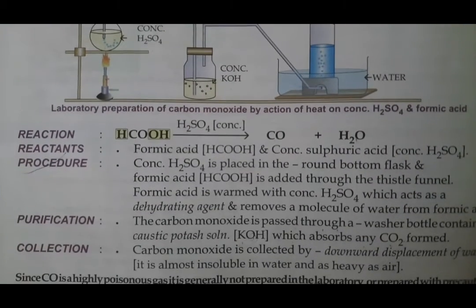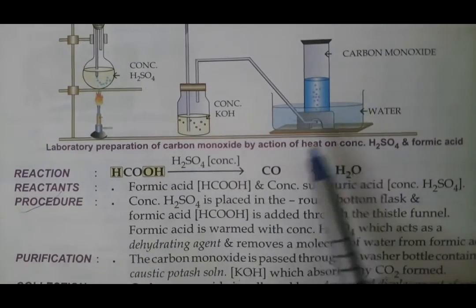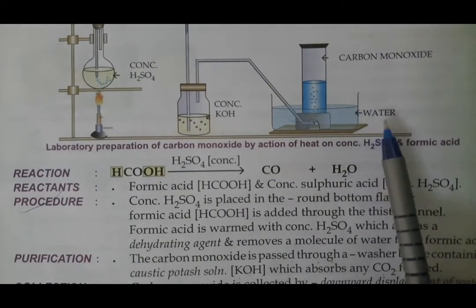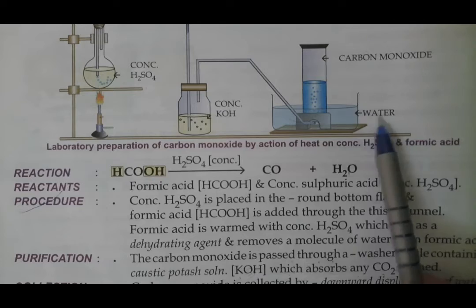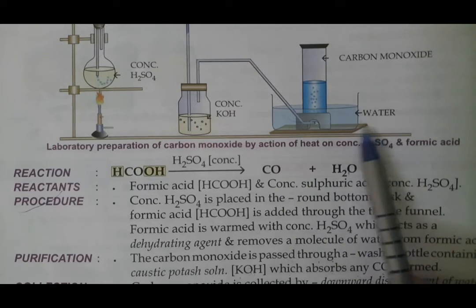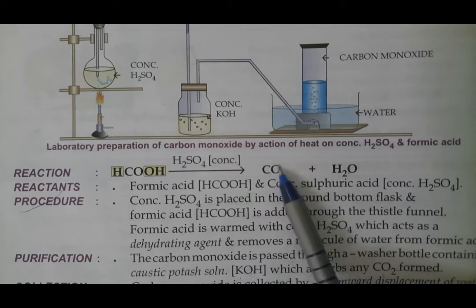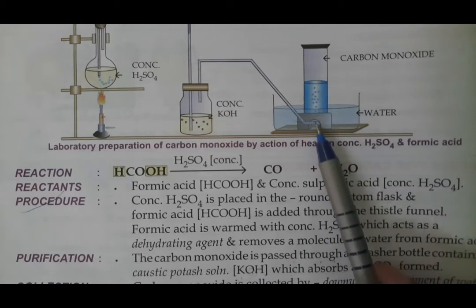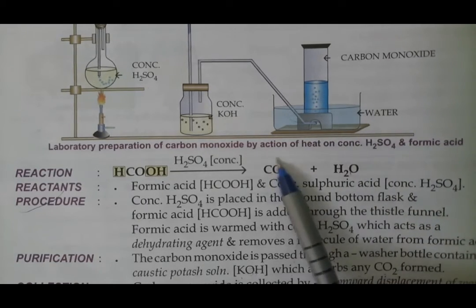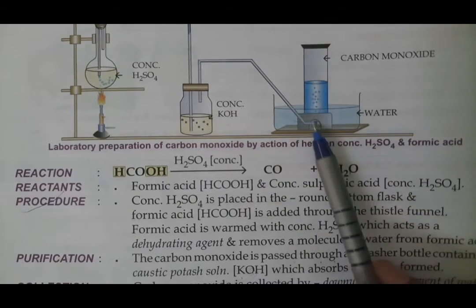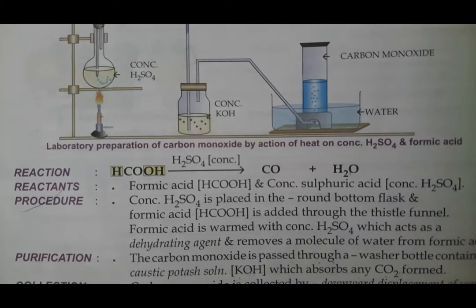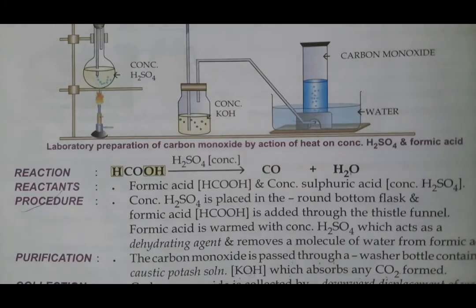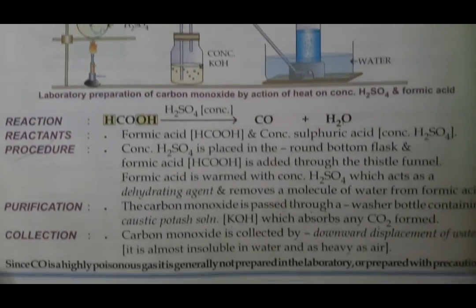When you collect carbon monoxide, we collect it over water. Do remember carbon monoxide is lighter than water, so water will go down and carbon monoxide will go up, as you can see the bubbles.